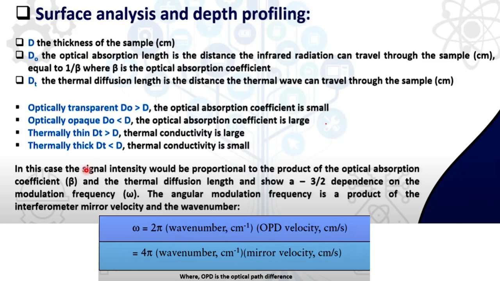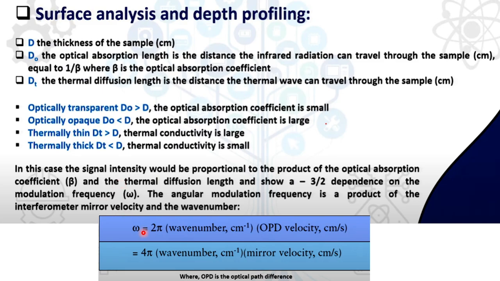Now the signal intensity would be proportional to the product of the optical absorption coefficient, beta, and the thermal diffusivity coefficient, and it depends on the modulation frequency. So by varying the modulation frequency, that means the speed of the chopper, you can vary dt or d0.